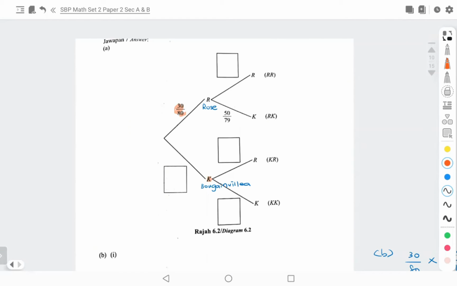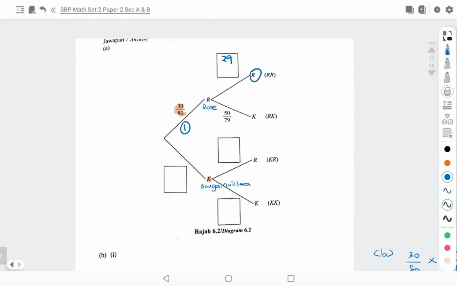That's why you get 30/80. Then this is the first choice. Then second choice, you want to have rose plants again. First time, you already took out 1 rose. Second time, when you choose, out of the 30 roses, less 1, so it becomes 29.